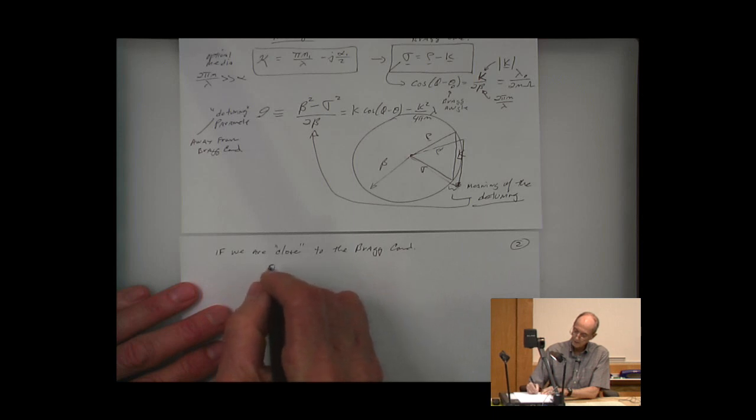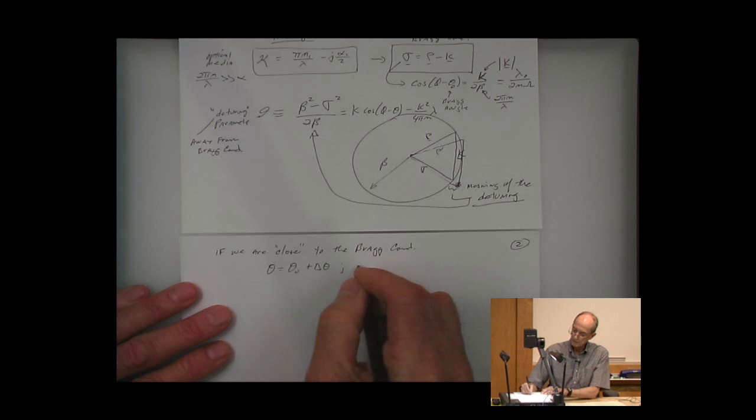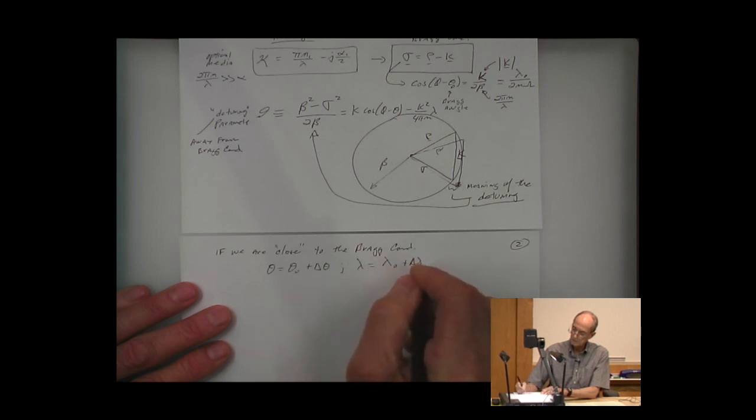So let's say that theta is equal to theta 0 plus delta theta, and lambda equals lambda 0 plus delta lambda.